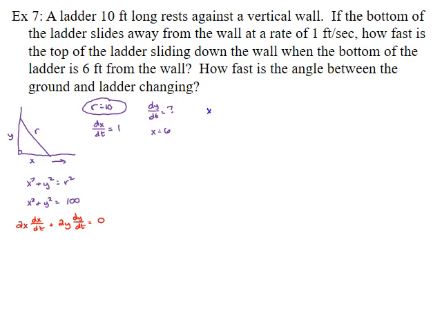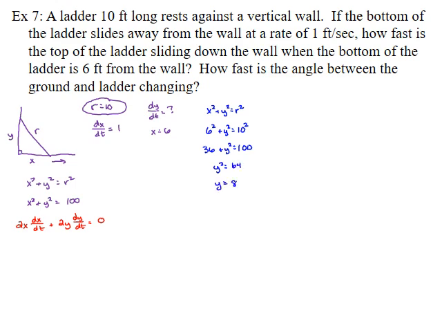We know, once again, back to the Pythagorean theorem, x squared plus y squared is r squared. We know x is 6. y is unknown, but r is 10. That is 36 plus y squared equals 100. So y squared would equal 100 minus 36, which is a very nice number of 64.